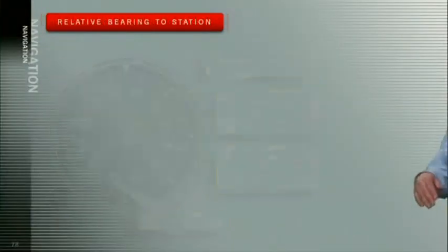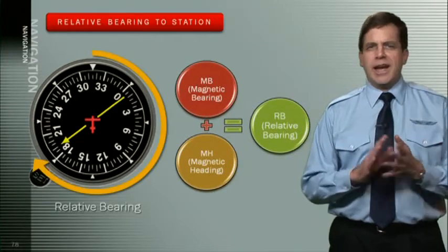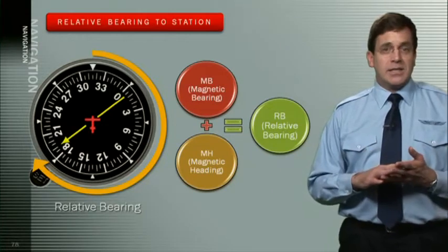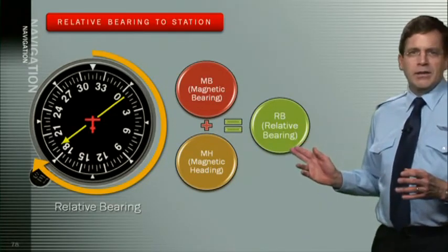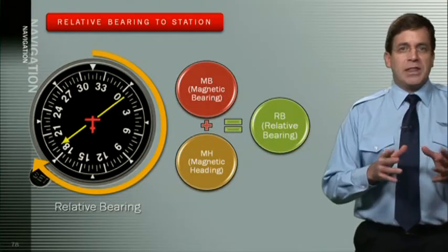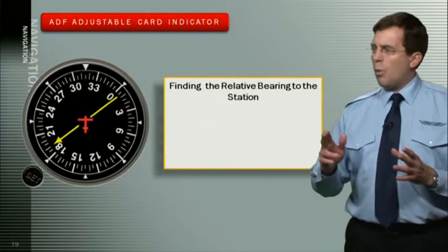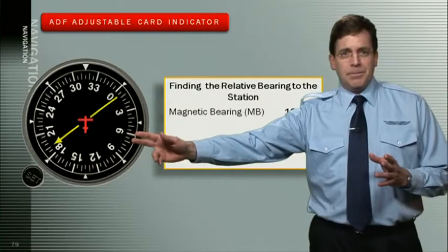Here is the formula for computing the relative bearing to the station using an adjustable card ADF indicator. The magnetic bearing plus the magnetic heading equals the relative bearing. So here's an example to find the relative bearing to the station. The magnetic bearing is 190 degrees, and it's shown on the head of the needle.